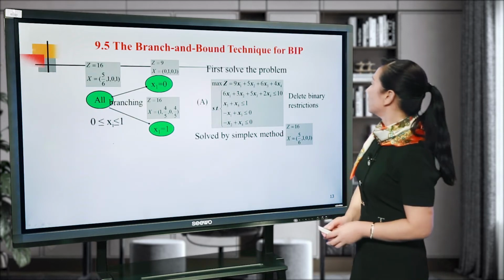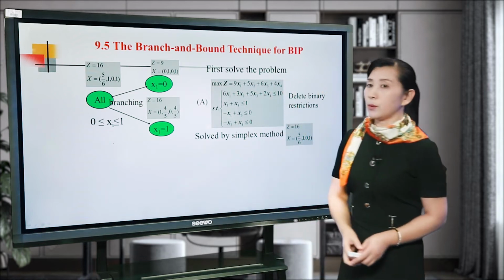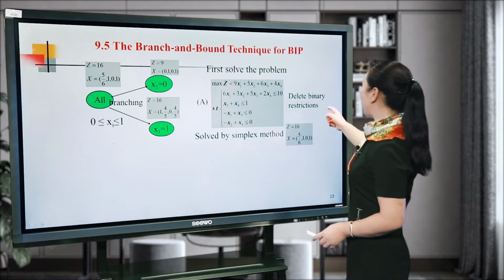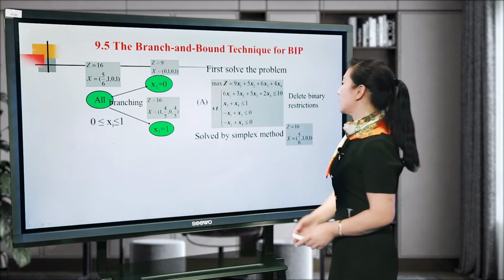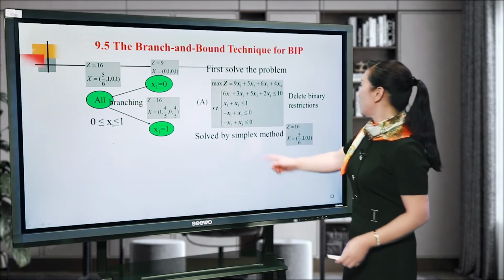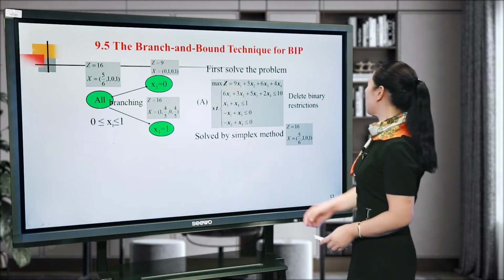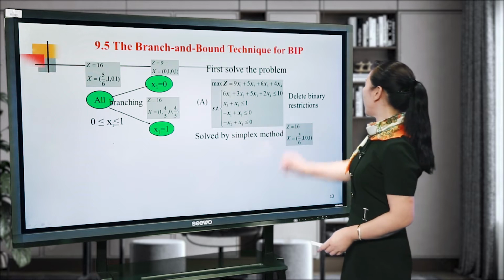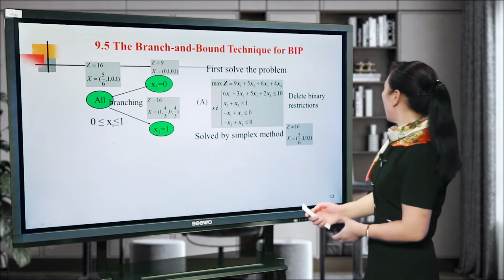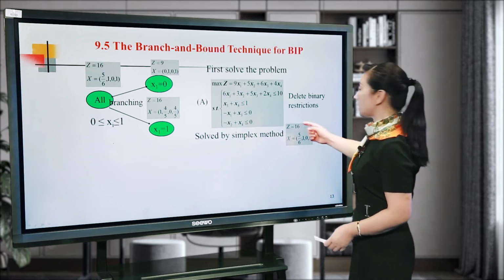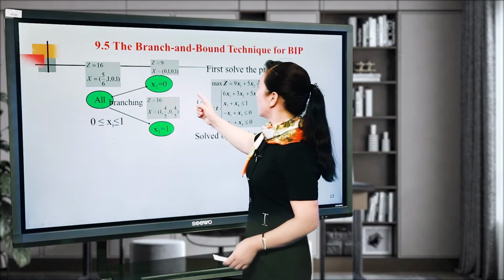So in this plan, we first solve the problem after deleting all binary restrictions; this is the LP relaxation, and we can solve it by the simplex method. We get the optimal value equal to 16, and we notice that in this optimal solution x1 is not an integer, so we branch on x1.